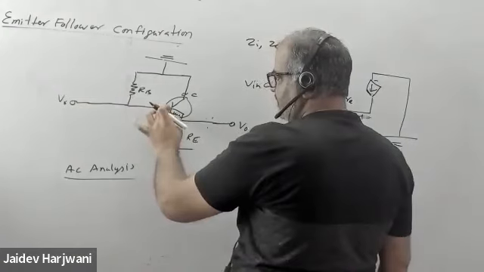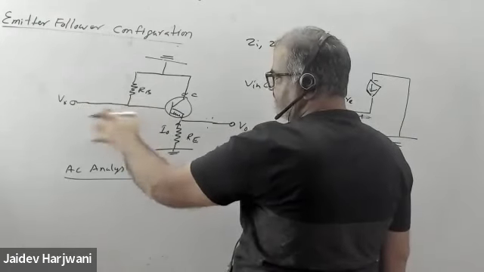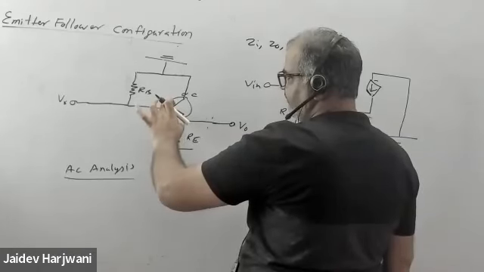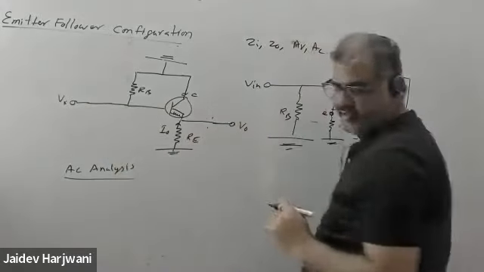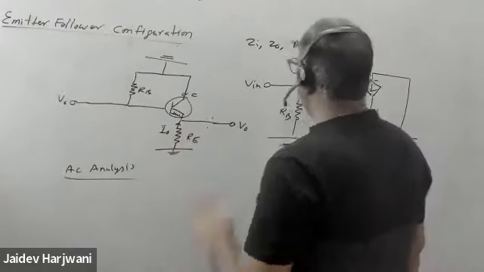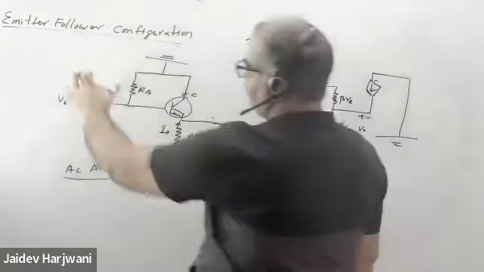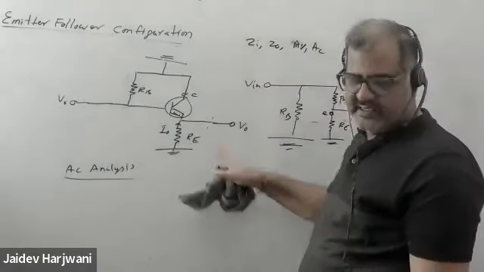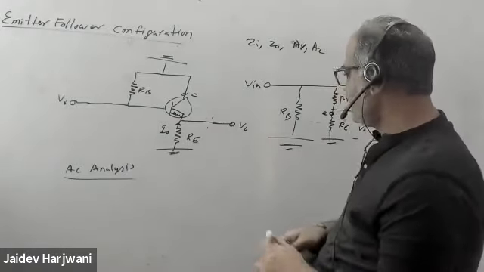If you apply voltage division, almost all the input, maximum of this V input, will be available here, and the consumption here will be very little. So V input is almost equal to V output, so you'll get gain almost equal to 1. That's why it is called emitter follower configuration. The emitter will follow the input, and the output and input voltage will also be in phase. So you'll see that now.